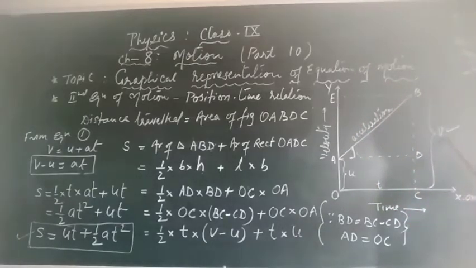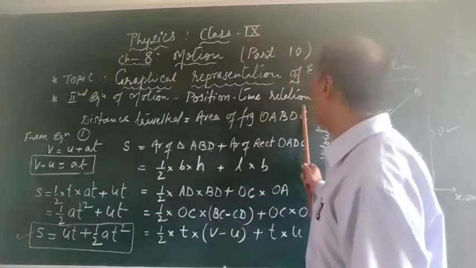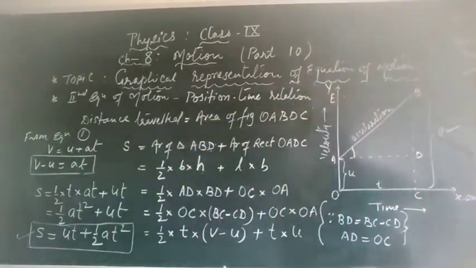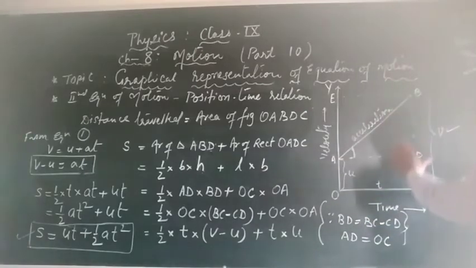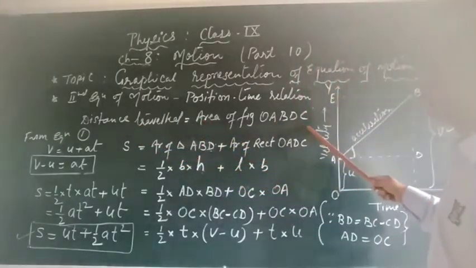So see, this is the final velocity, v, and in equation 2, which is called the position time relation, the distance traveled is actually the area covered by the body under this slope line, at a uniform rate when the body is moving from A to B. So you can see this figure is OABC. So we have taken distance traveled equals area of figure OABC.